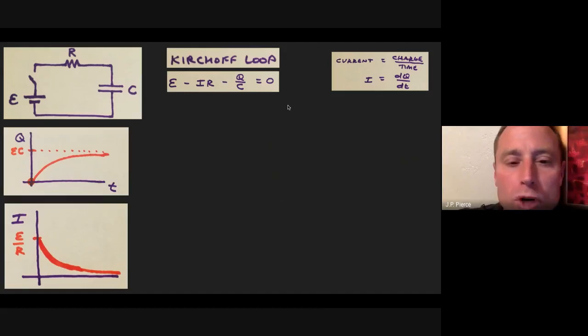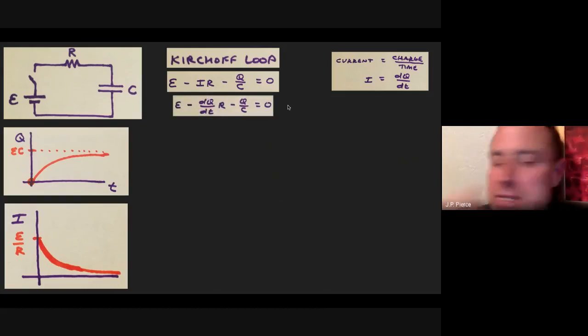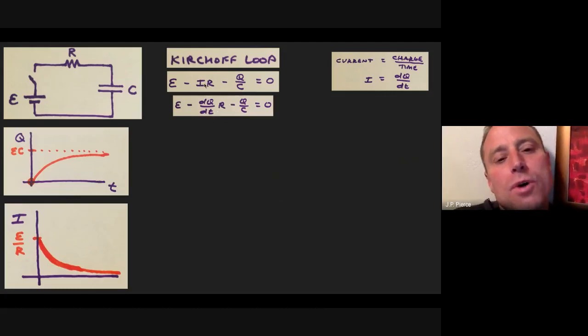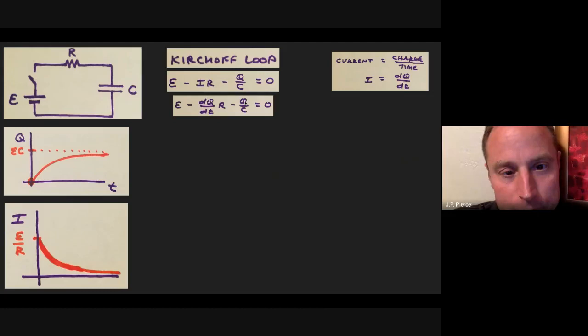We're going to put dq dt in for I. Now this is a differential equation. I misspoke earlier. Now it's a differential equation because it's a single equation that is relating Q and its derivatives. So this is a differential equation for the charge on the capacitor, right?